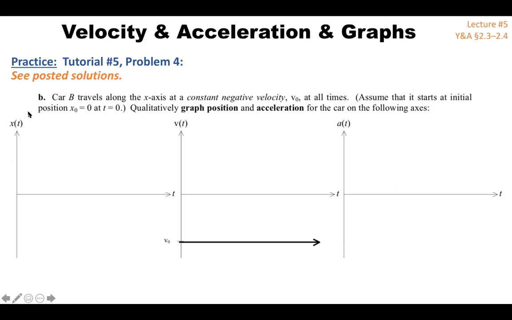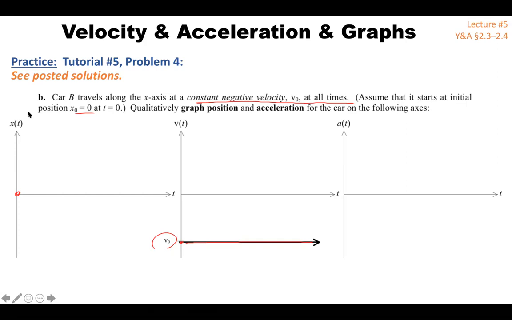Suppose it starts off with a constant negative velocity, and it maintains that constant negative velocity at all times. So we're calling it v naught, but v naught has a negative value. Also assume that the car starts at the origin, which I did for all these problems, just to make things simple. So graph the rest of the position and the acceleration graph for this little car.